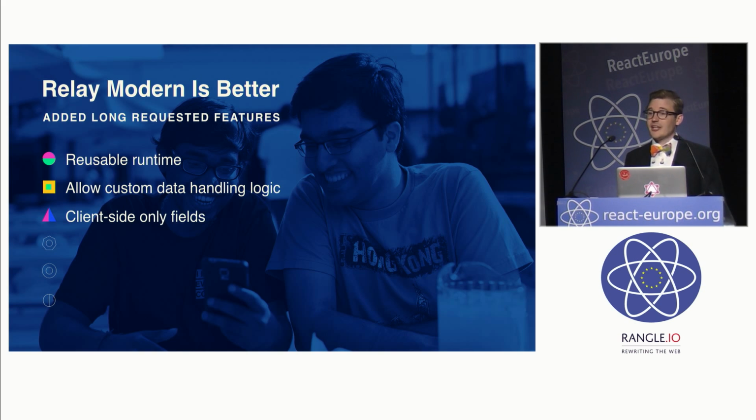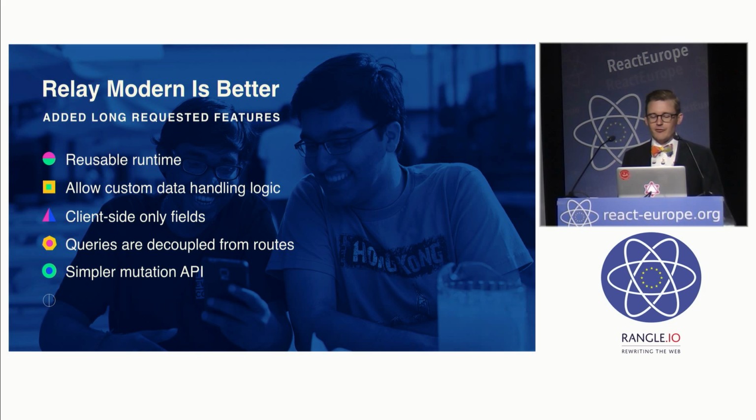We have client-side only fields, which lets you extend the server schema to handle data that's only relevant to the client. Our routes no longer know anything about the queries for better compatibility with more routing frameworks. So you can use whatever routing framework you want to bring. A simpler imperative API for mutations helps reduce confusion, and we now support the new GraphQL subscriptions as part of the new spec.